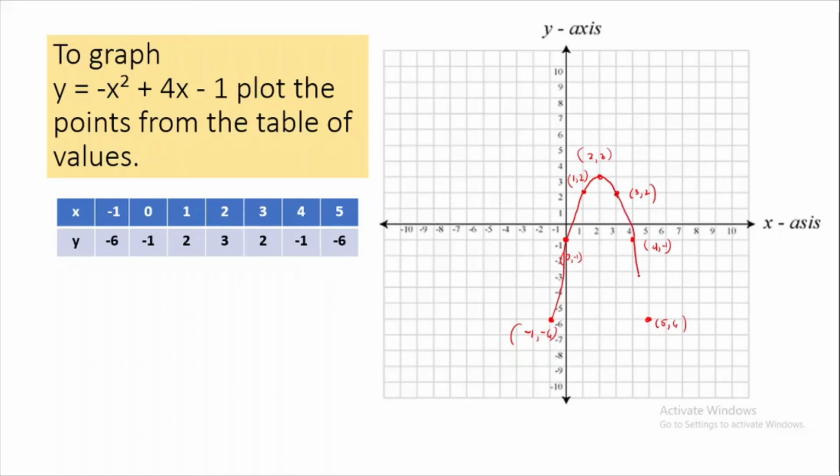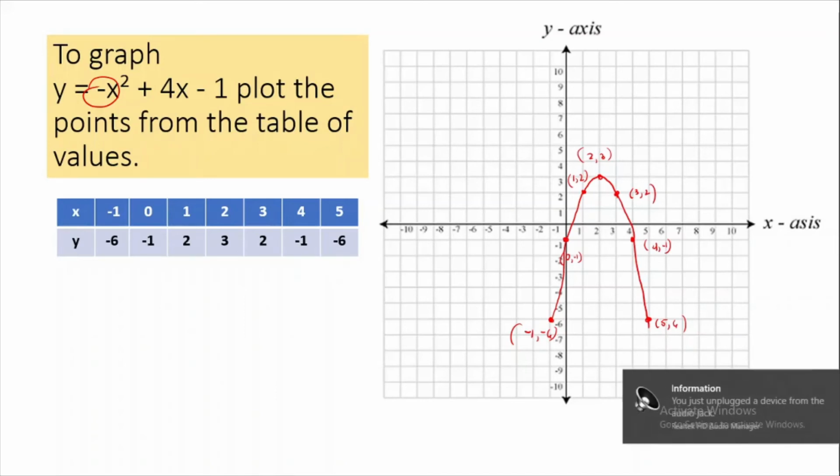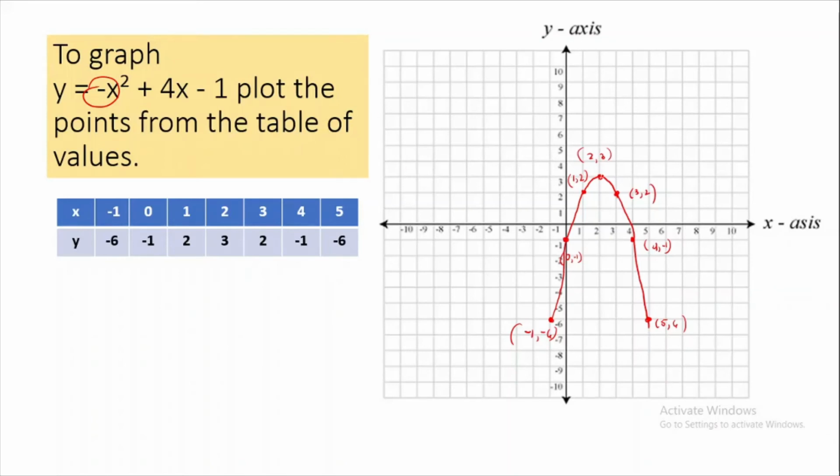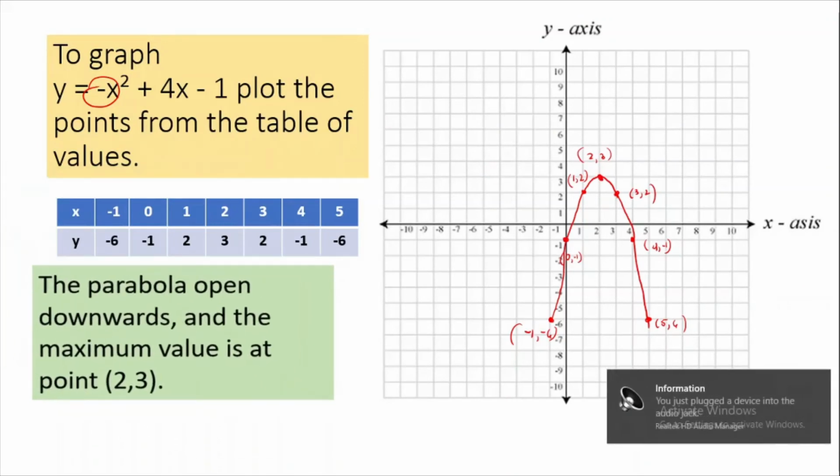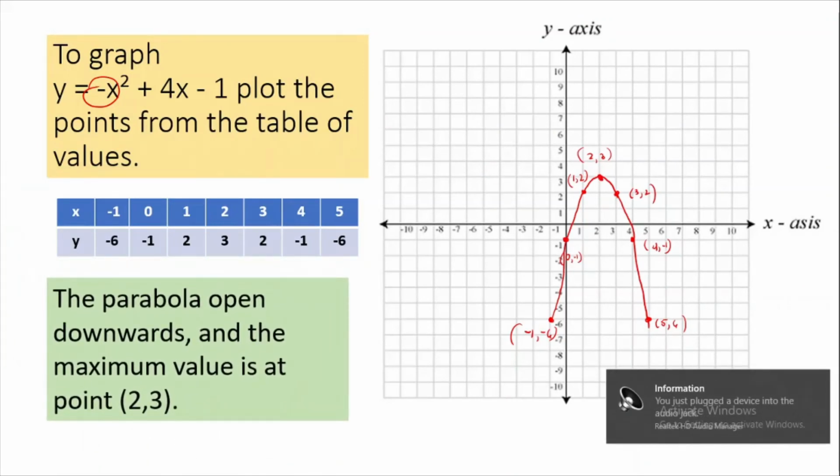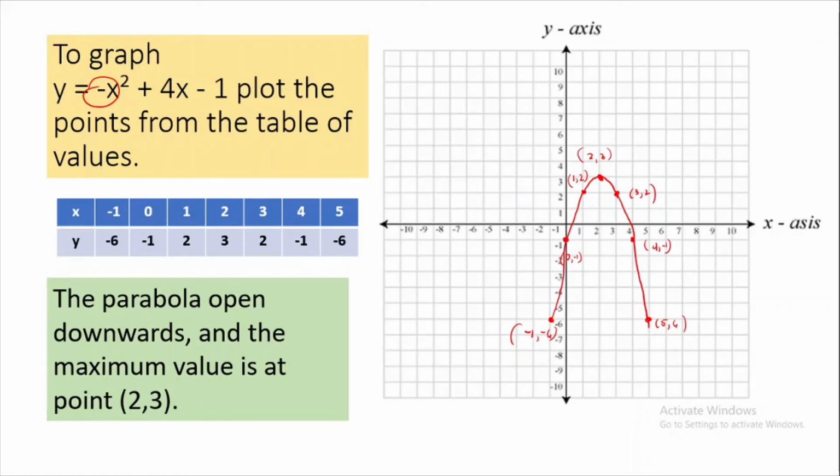So there, our parabola opens downward. Again, kasi ang ating A ay negative or is less than 0. So ano ang ating maximum point? Okay, bakit siya maximum? Kasi it opens downwards and the maximum value is at 0.23.